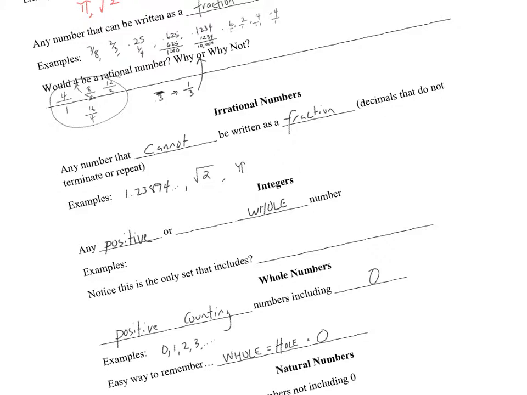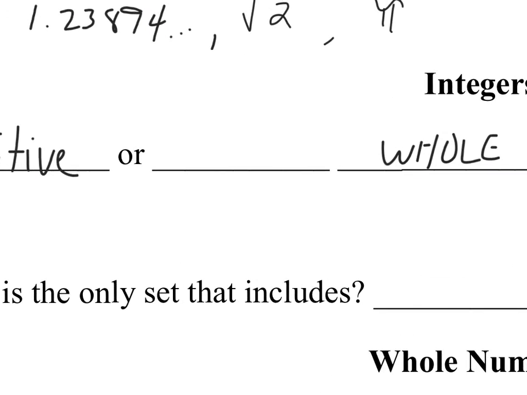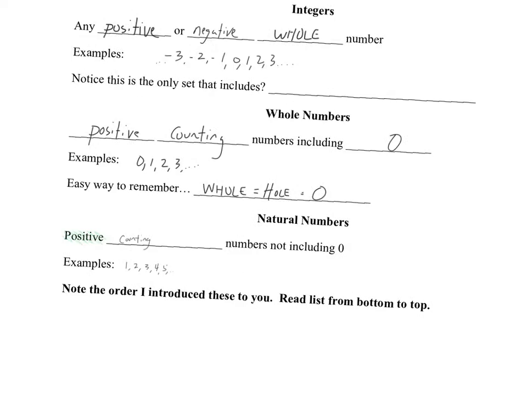We have 0, we have 1, 2, 3, 4, 5. The only thing we have not classified yet is these, which include the negatives. So this is -3, -2, -1, 0, 1, 2, 3, and so on. These are the nice numbers. And there it is. Those are our numbers.